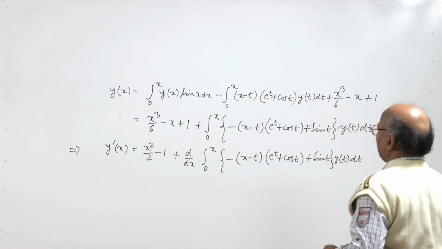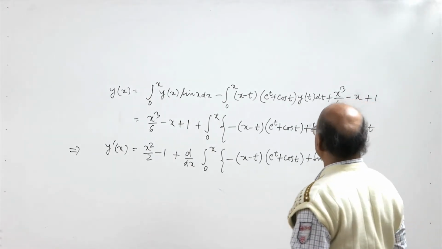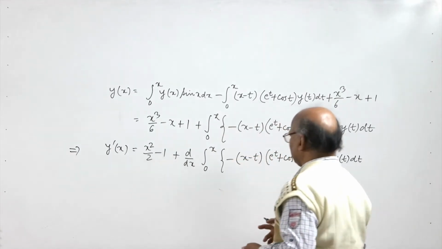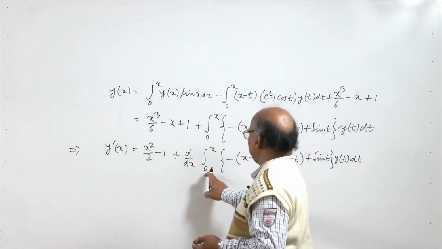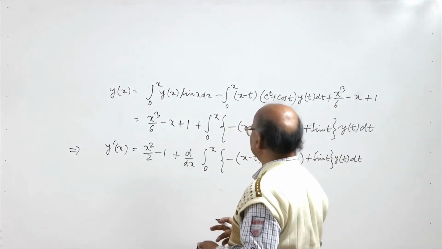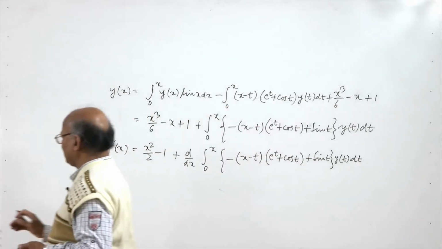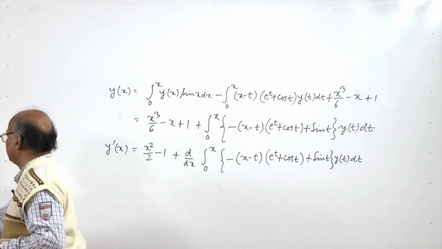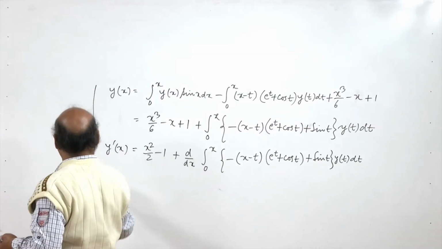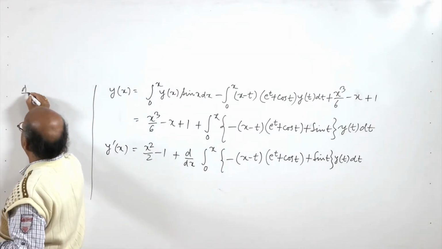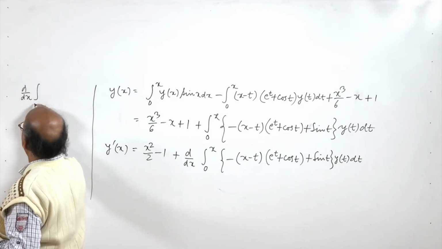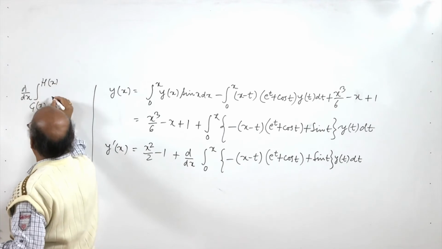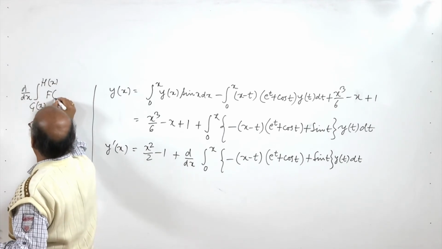So we are differentiating the integral where the limits of integration are not constants. One is 0, which is a constant, the other one is a variable x. So let us recall the formula for differentiation under the sign of integration, which is the Leibniz rule. So let us apply the Leibniz rule, d over dx of integral g(x) to h(x) f(x,t) dt.